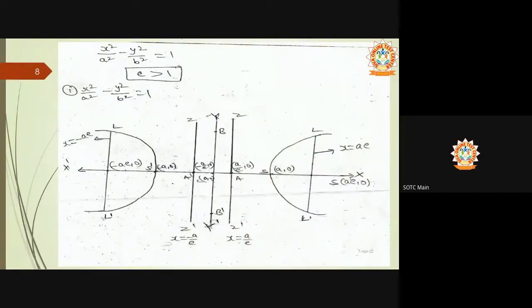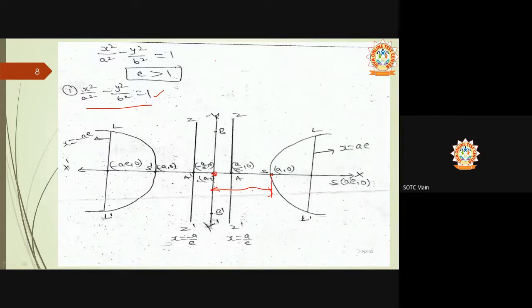So now try to see the standard equation of a hyperbola. X square by a square minus y square by b square is equal to 1 is the standard equation. So in this case your hyperbola is lying on the x-axis, or we can say that your transverse axis will become your x-axis. So now this is the center 0, 0, at a distance of a from this point there is a vertex here.